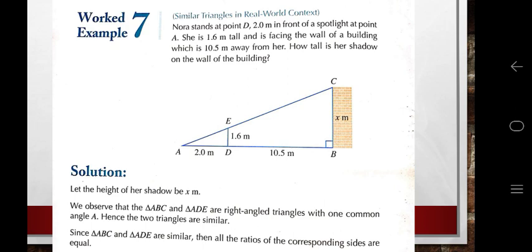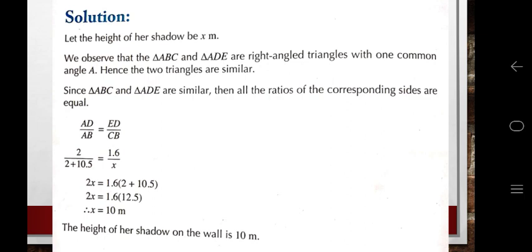So what they do is 1.6 over x equals 2 over 12.5. Okay, so cross multiplication here, and then just solve it to get x equals 10.